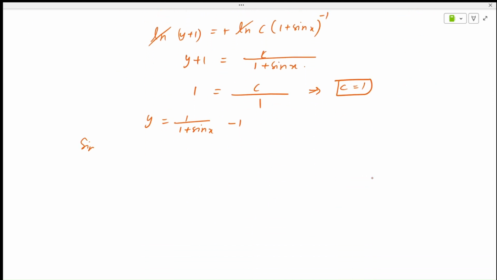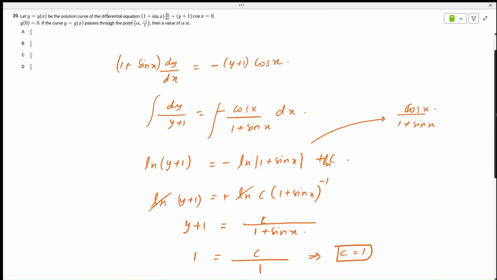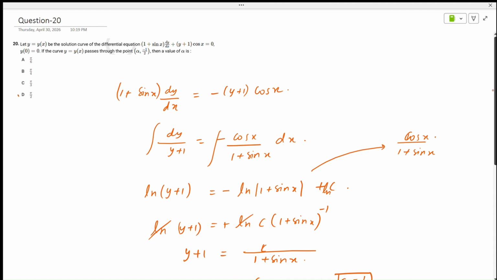Since it passes through it, -1/2 = 1/(1 + sin alpha) minus 1. So 1/(1 + sin alpha) equals 1 minus 1/2, that is 1/2. 1 + sin alpha is 2. Sin alpha is equal to 1. Therefore, alpha is equal to pi/2. So the answer is option B.